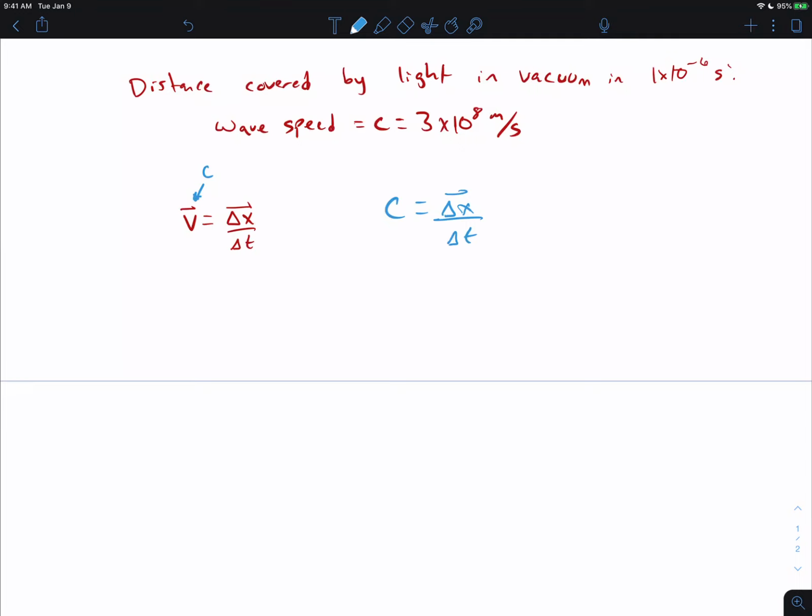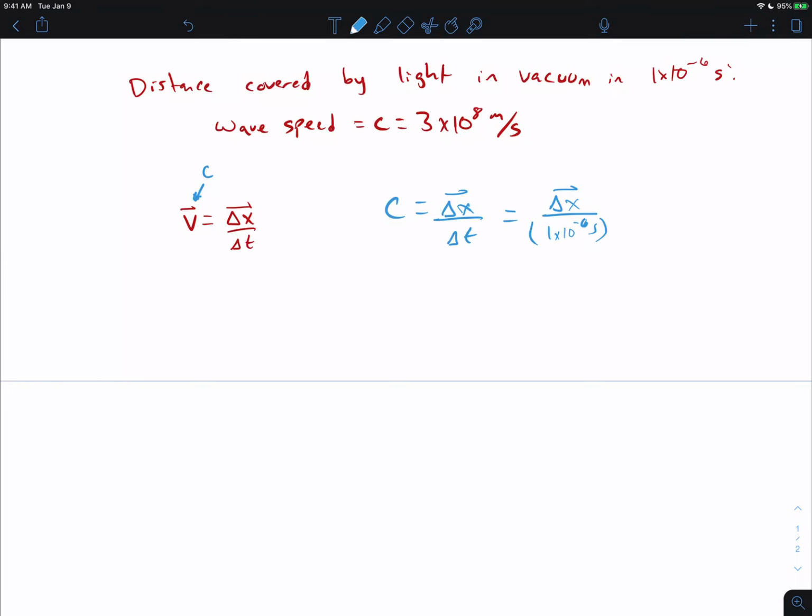So let's say now that I have 1 microsecond, or 1 times 10 to the minus 6 seconds. Well, how far does light travel in that amount of time? Okay, all we would need to do is, in this formula right here, find our displacement when our time is 1 times 10 to the minus 6 seconds.